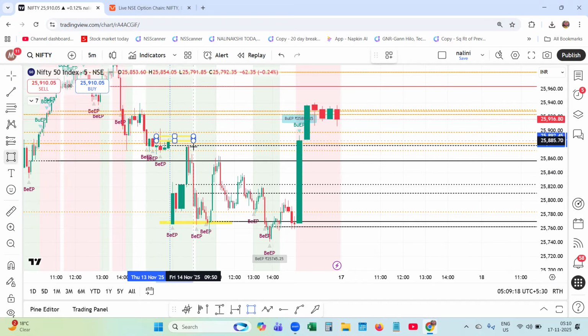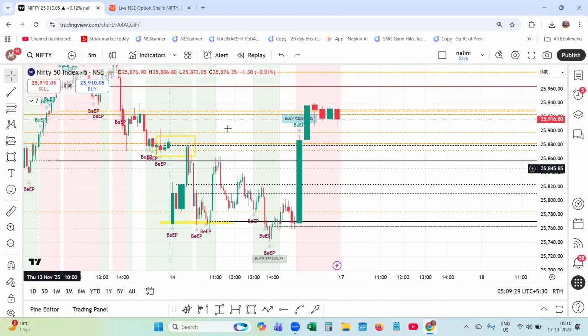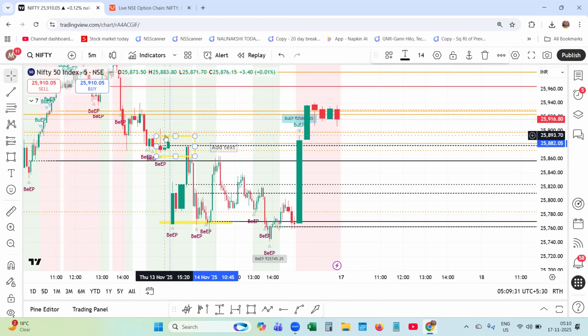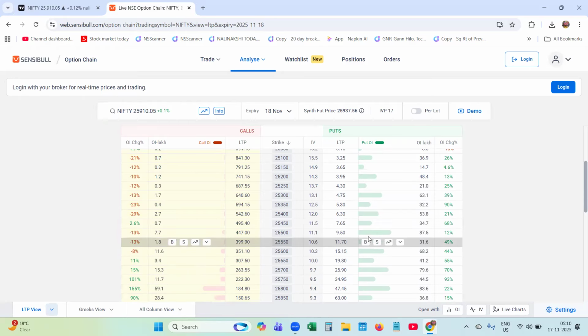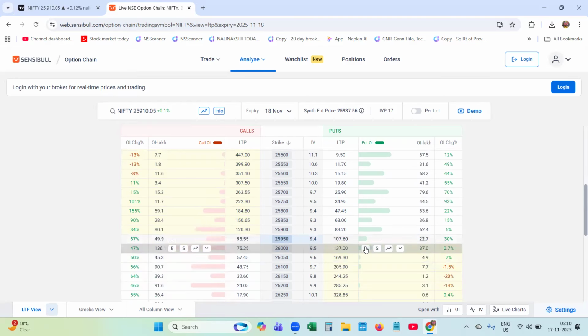Listen to me carefully. Call writers dominated, and the market has lost its support around 25,883. That is the meaning of it. That means the market lost its support. The immediate support is 25,800.